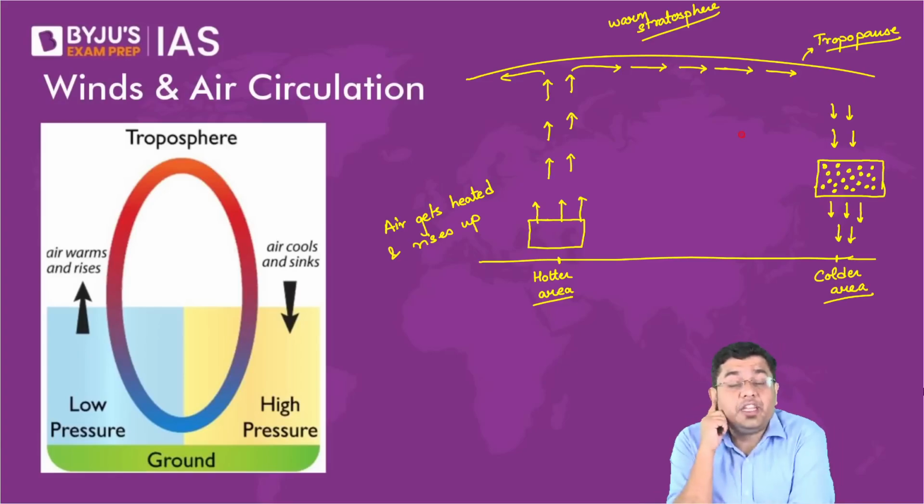Now at the region of tropopause, that is the top of troposphere, will the temperature be high or low? What do you think? Why is it that it will be very high?